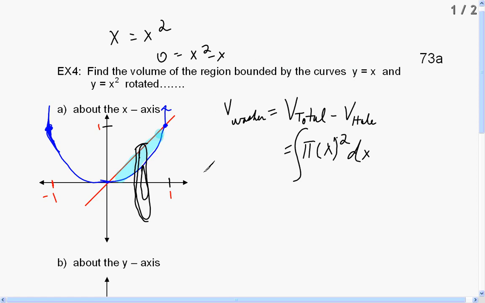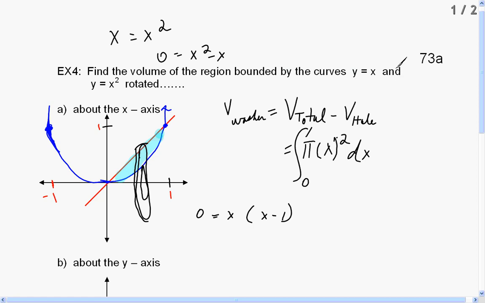Factor out the x, I'm left with 0 equals x times x minus 1. So each one of those terms equals 0: x equals 0 gives me one limit, and x equals 1 gives me the other.